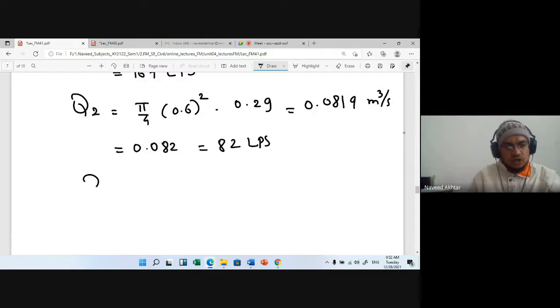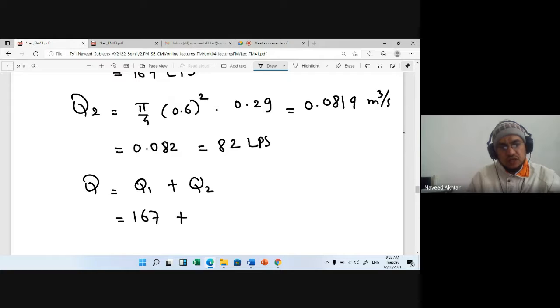So Q is equal to Q1 plus Q2. Q1 is 167, Q2 is 82.